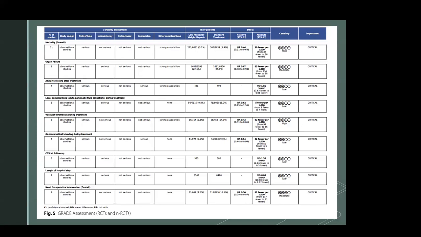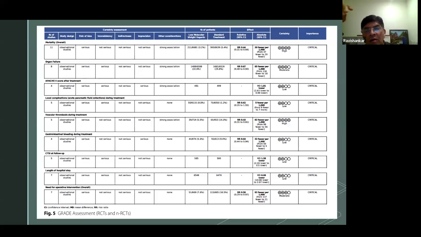That is how you decide it. And here the GRADE assessment is shown for each outcome.